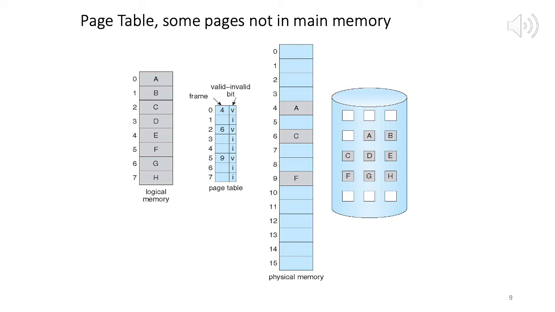Now among these 8 pages, how many are in main memory? Well, only 3. Which are those pages for this process which are in memory? A, C and F. Okay.